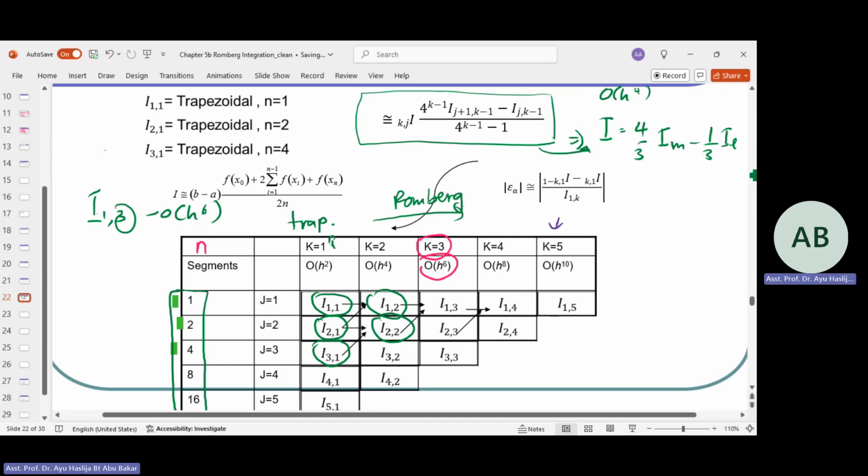Okay, let's say this one is I level 4, level 2. Let's say I12, you want to find I12. Now substitute into this equation, K is 2.